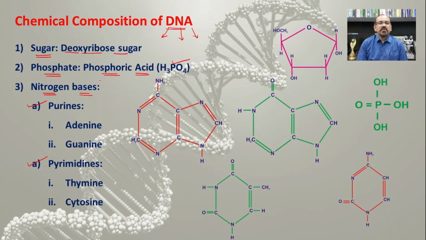So first of all we will see the sugar which is known as the deoxyribose sugar. This is the structure of deoxyribose sugar, and it is correctly known as 2-deoxyribose sugar. And what is the meaning of that 2-deoxyribose sugar?